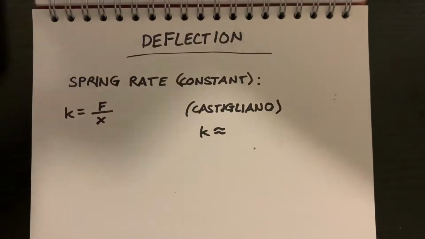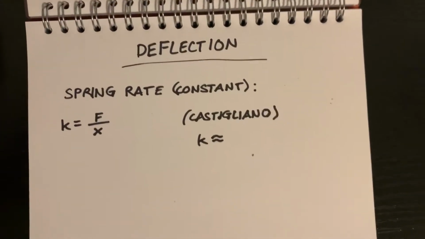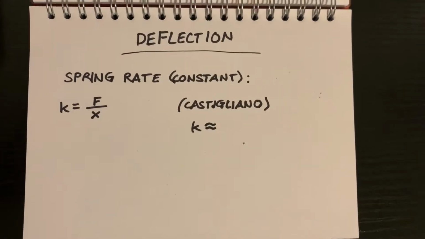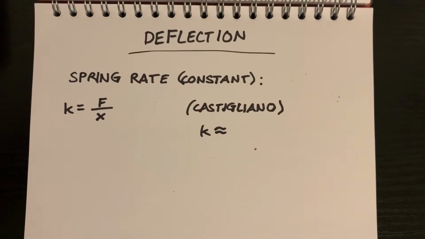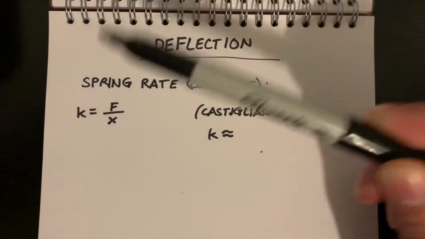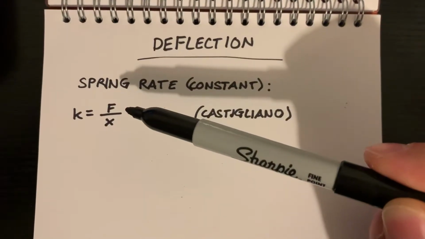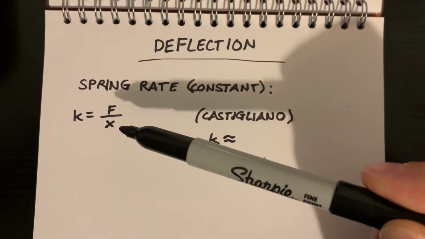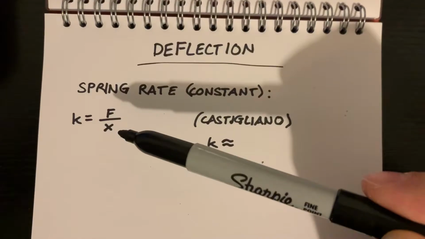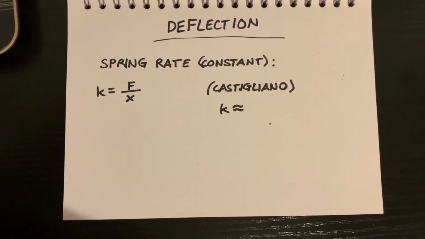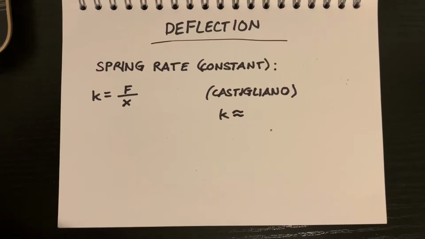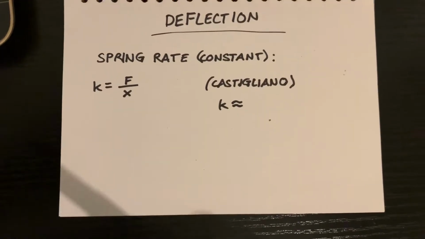All right, now to get into deflection. From physics, we know the spring rate, or the spring constant, is k equals F over x, where F is the force applied to the spring and x is the deflection of the spring. But we can't always just use that equation.